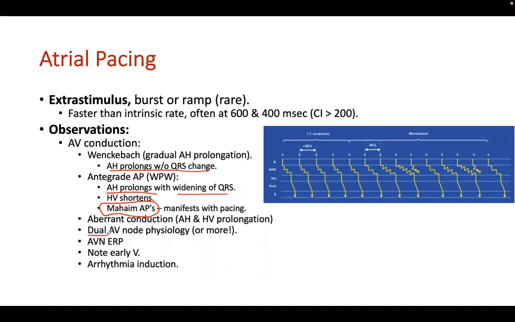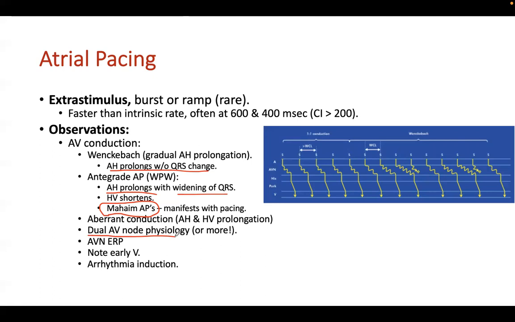Obviously, you might observe dual AV node physiology or sudden jump in the AH interval, or you might see gradual AH prolongation and then AV node blocking, AV node ERP, and you might induce SVT at some point.